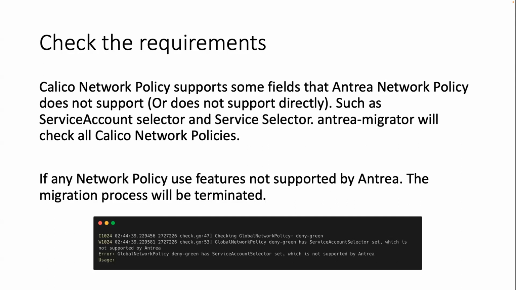For example, we can list the services and get the IP addresses, maybe, but I don't think it's a good way. So, if the user uses some fields not supported directly by Antrea, the migration process will be terminated, like this. The binary tool will check the network policy. If the network policy uses a service account selector, then the process will be terminated.